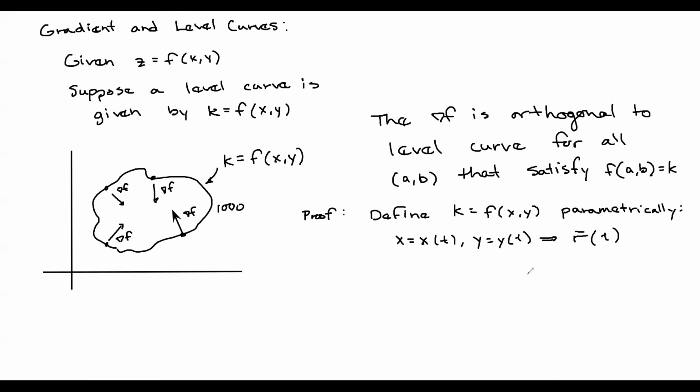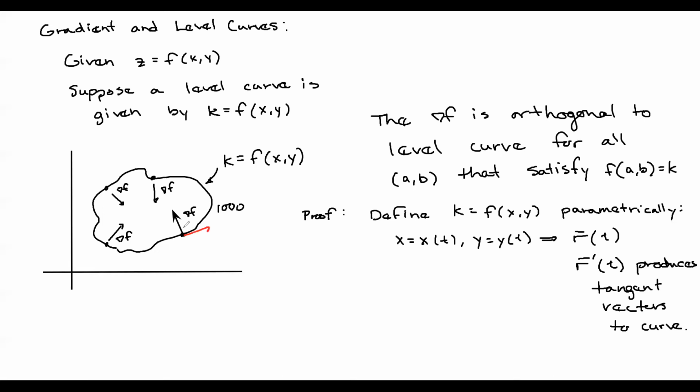Now, if we have a vector function that yields all these results, we can take the derivative of that vector function, and r prime of t would give us tangent vectors. So we know there are tangent vectors.